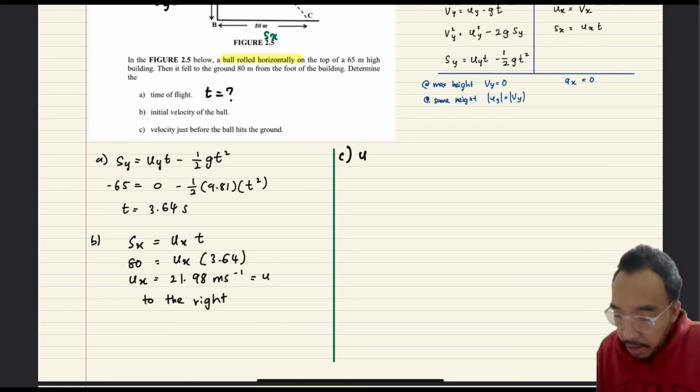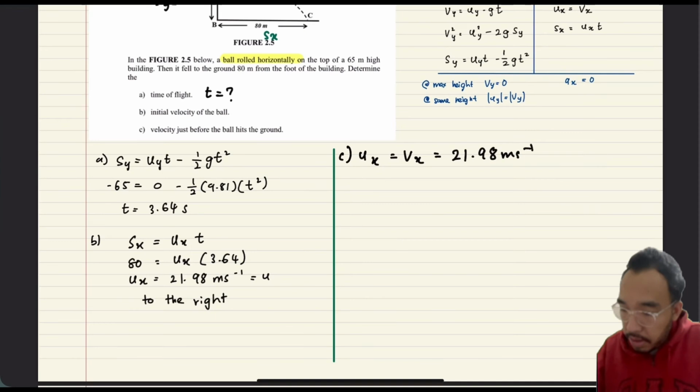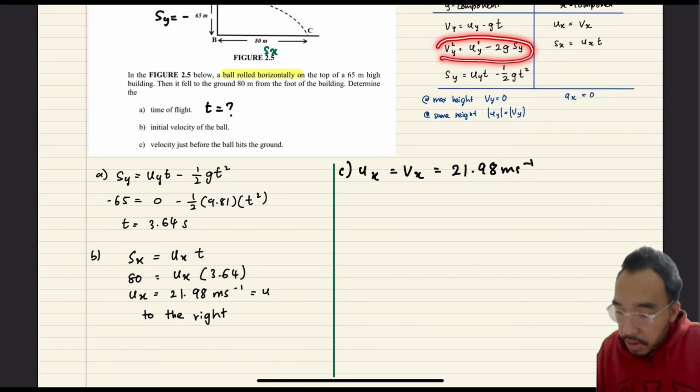So question C, Ux equals Vx equals 21.98. For Vy, now you have to find Vy. You can use this one, or you can use this one.